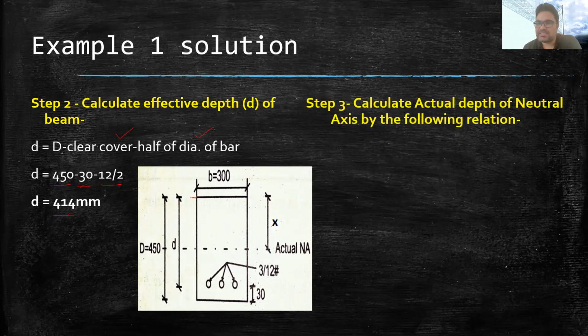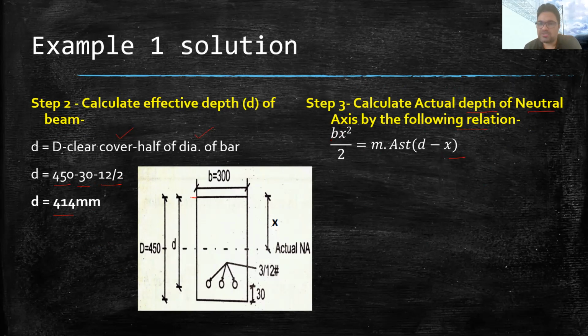Now in the next step, we will find out the actual depth of neutral axis, and the relation I have already shown in the steps. So this relation we will use to find out the value of x, which is the depth of actual neutral axis.